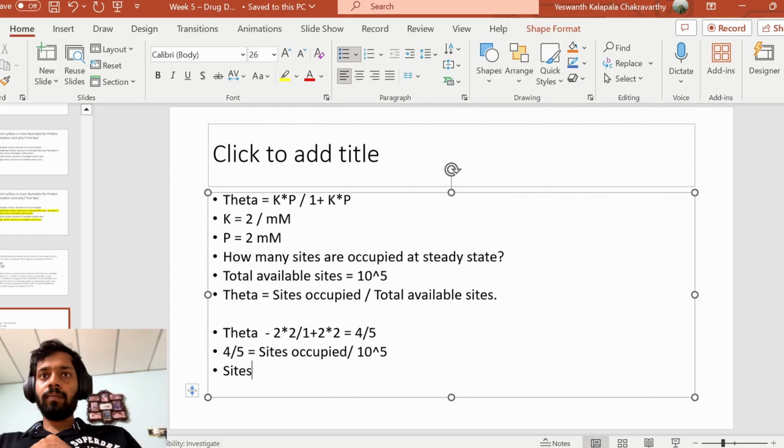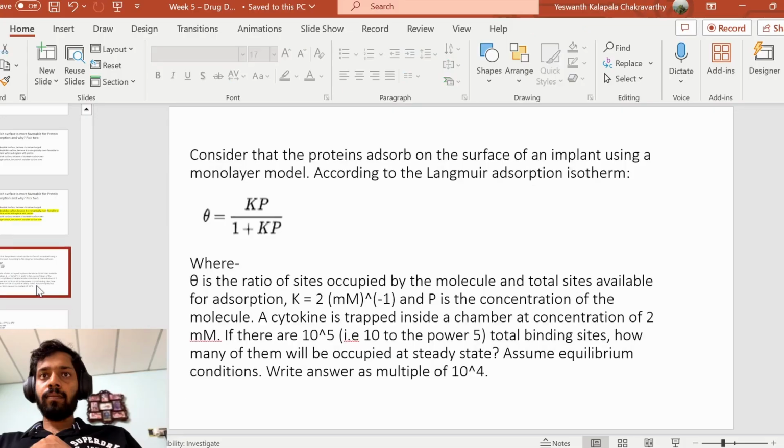Sites occupied will be 4 by 5 times 10 to the power 5. 4 by 5 is how much? 0.8, right? So this will be 0.8 times 10 to the power 5 as the total number of sites occupied.